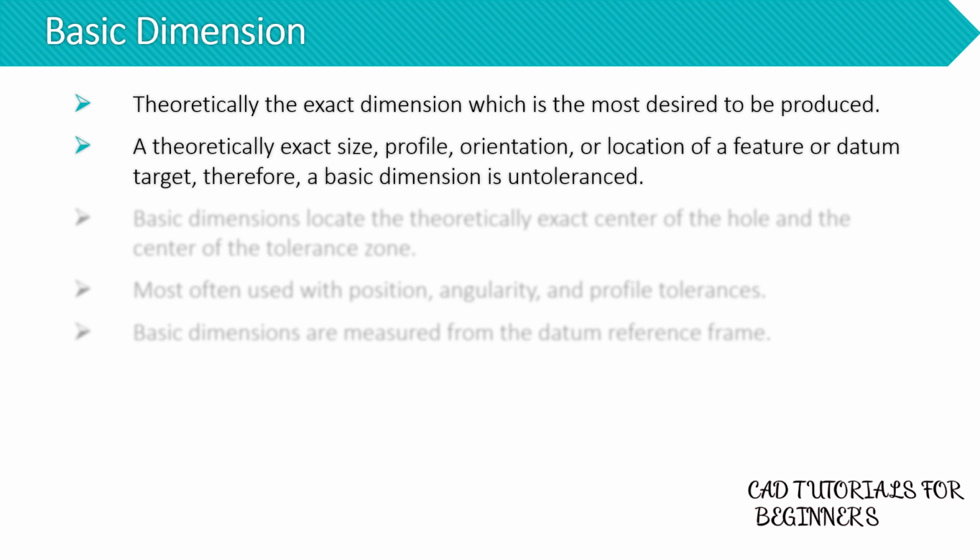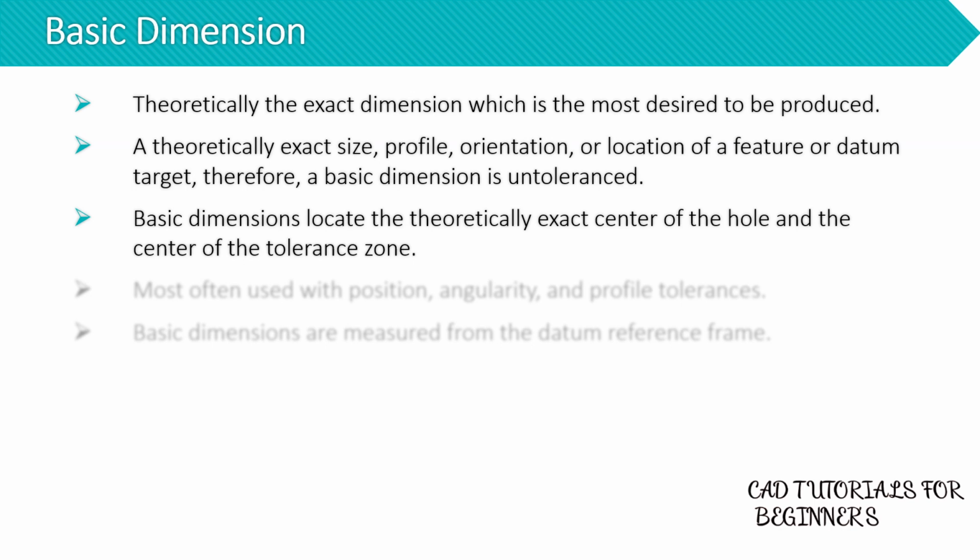A theoretically exact size, profile, orientation or location of the feature or datum target. Therefore, a basic dimension is untoleranced.